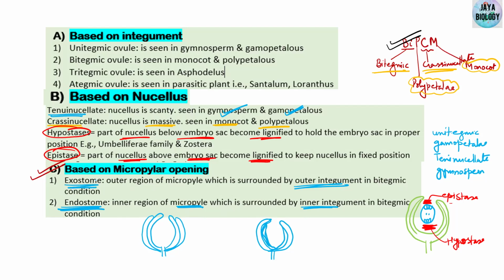So depending upon which integument is making the micropyle, outer or inner. Is it clear? Outer integument, exostome; inner integument, endostome. I hope this video, in which we studied classification of ovule based on the integument, the nucellus, and the orientation, might be easy for you.